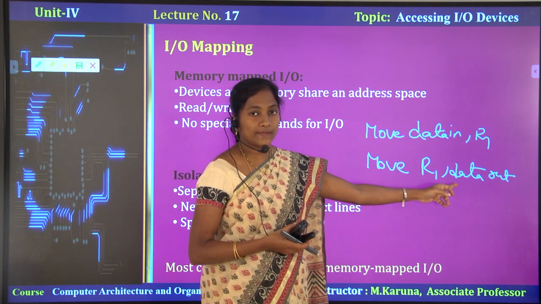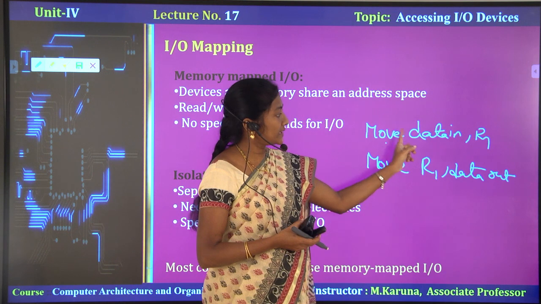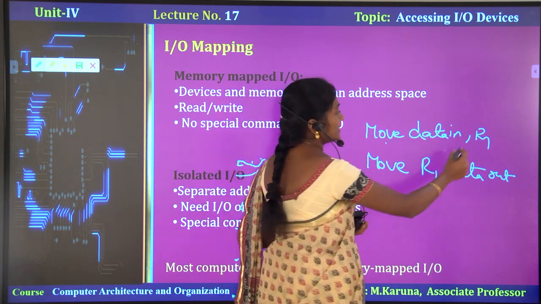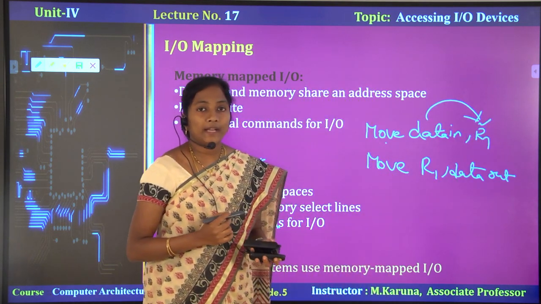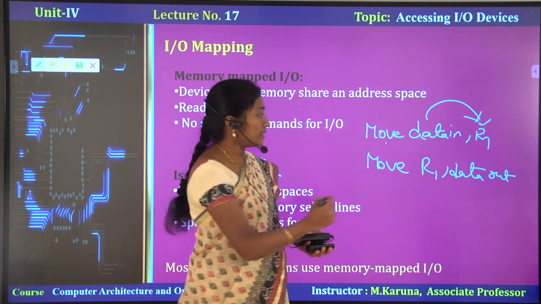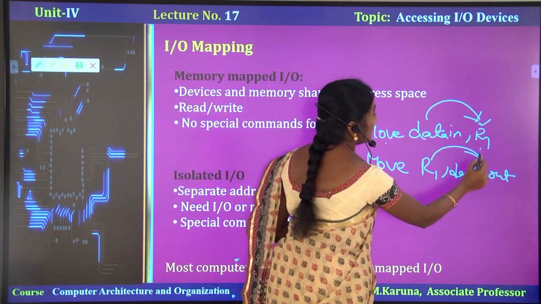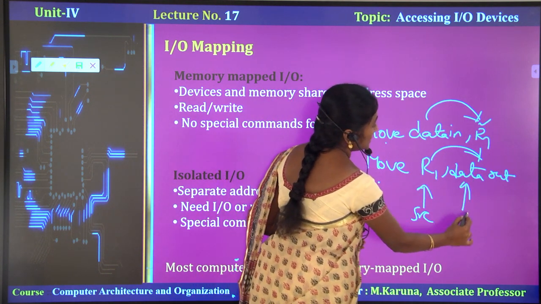The data out register is available in the display device. The Move instruction performs the transfer operation between the data in and R1 registers. R1 is a processor register. It transfers the data from data in to R1. The second instruction transfers R1 to the data out register. So this is the source, this is the destination.